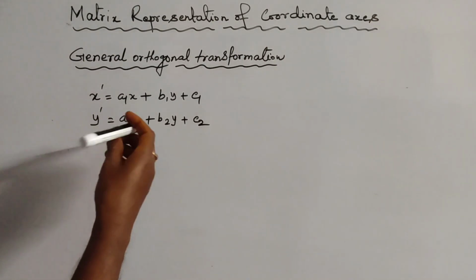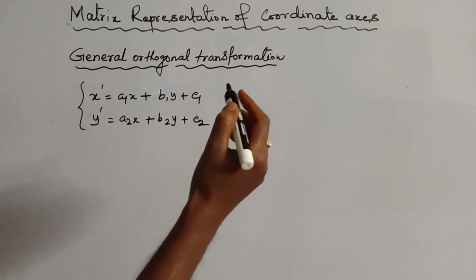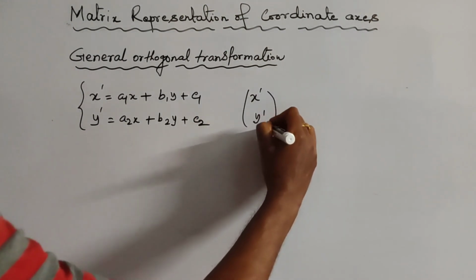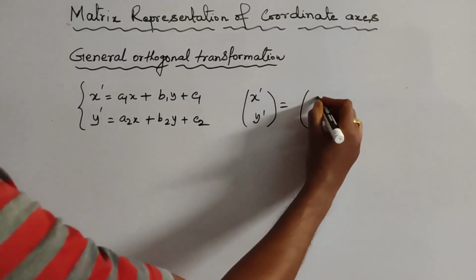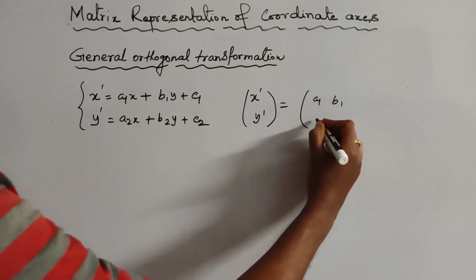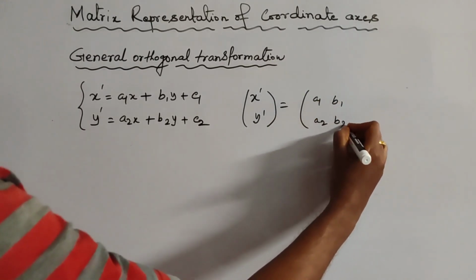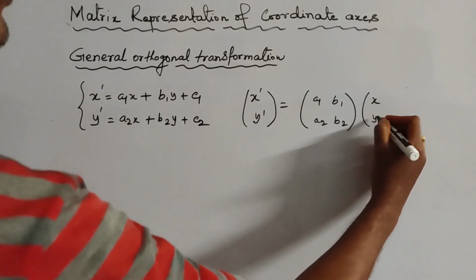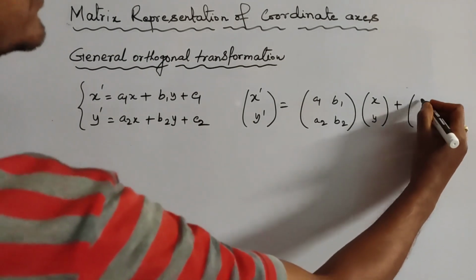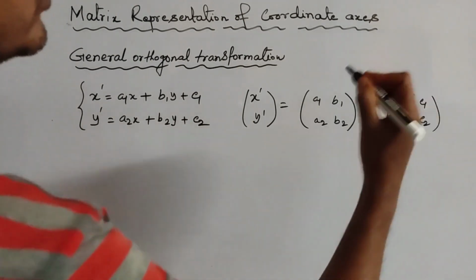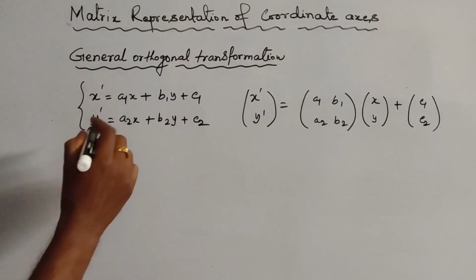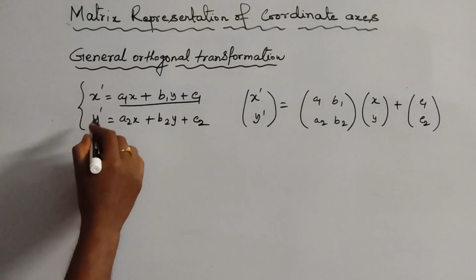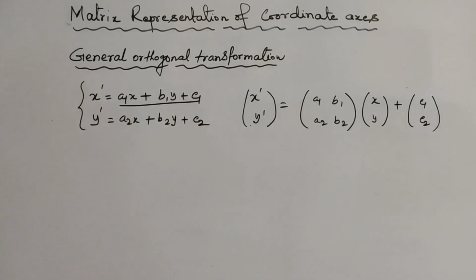Now if we write these two together in matrix form, x dash y dash is a column vector, equal to the matrix A1 B1 A2 B2 times x y plus C1 C2. Then we get the first element is this and the second element is this.